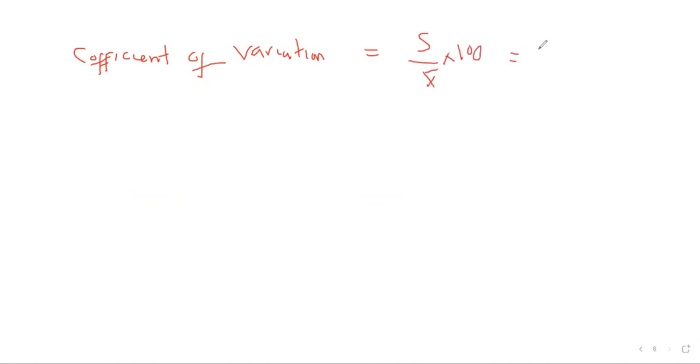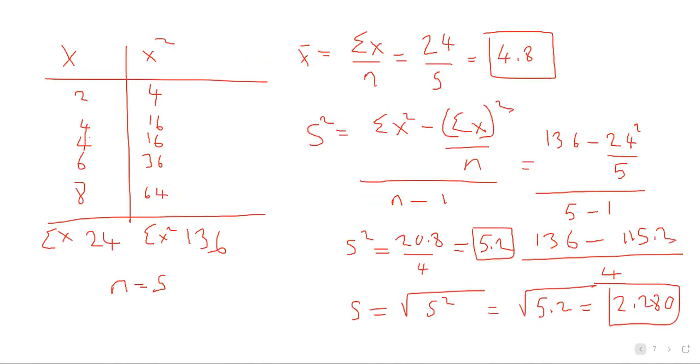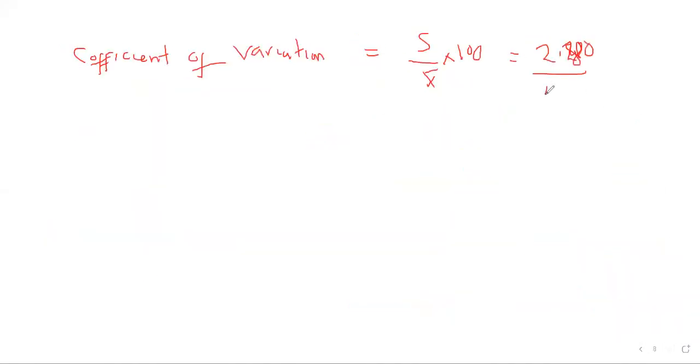So our standard deviation is 2.28 divided by the mean of 4.8 times 100. What do we get? 47.5. Good. 47.507%.